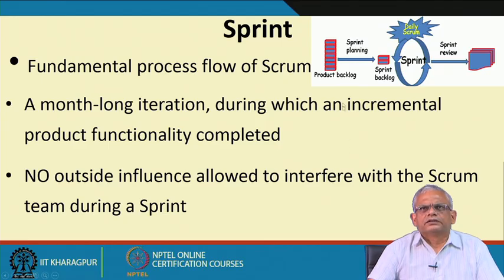That means once they take up some items for implementation, no changes to these items are allowed. Otherwise, it will create chaos, the sprint will not converge, and there will be uncertainty. That is the reason why no outside interference with the Scrum team is allowed during a sprint.